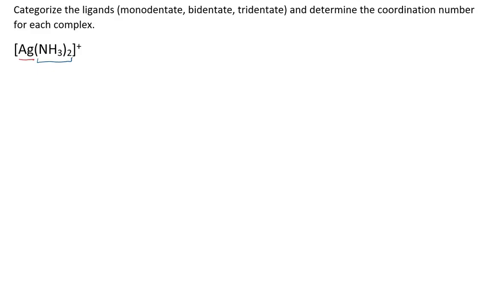Ammonia, or amine, when it's a ligand, is monodentate. So each ammonia molecule contributes 1 bond to the metal ion. So in this example, we have 2 monodentate ligands, where each one gives us 1 bond. And so our total number of bonds is 2, and our coordination number is 2.